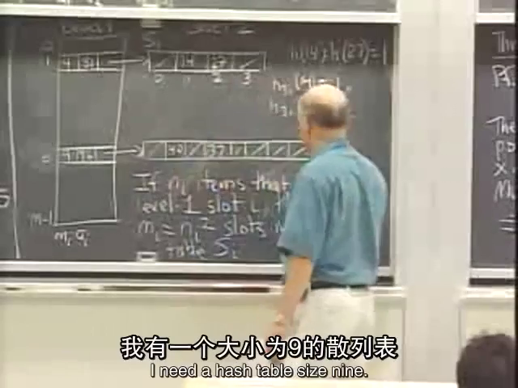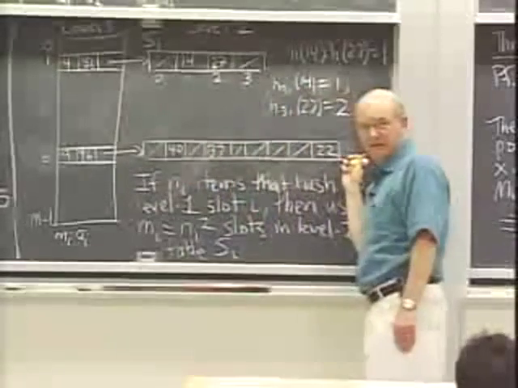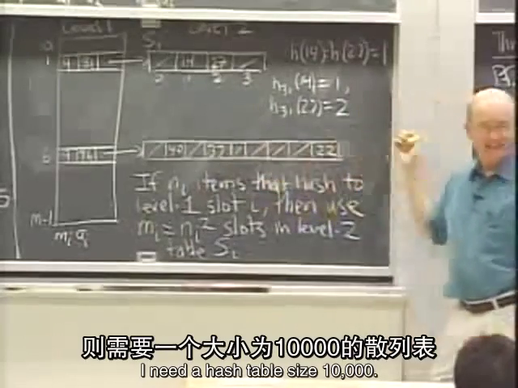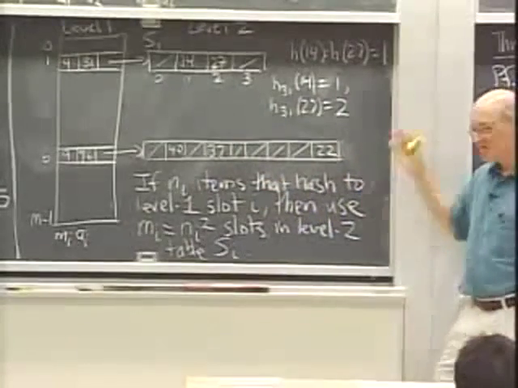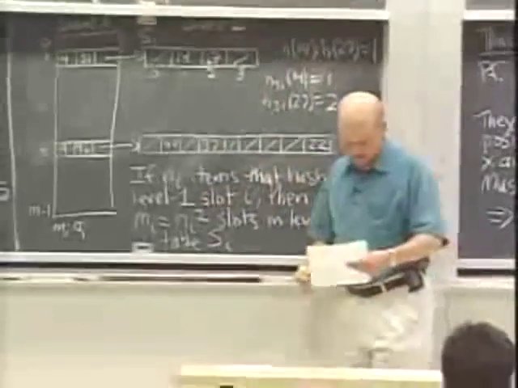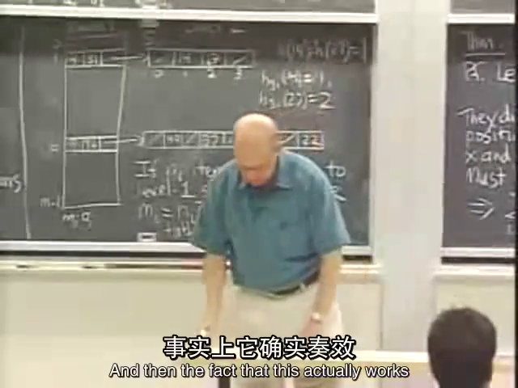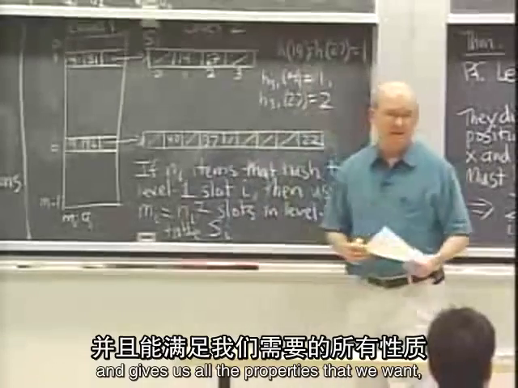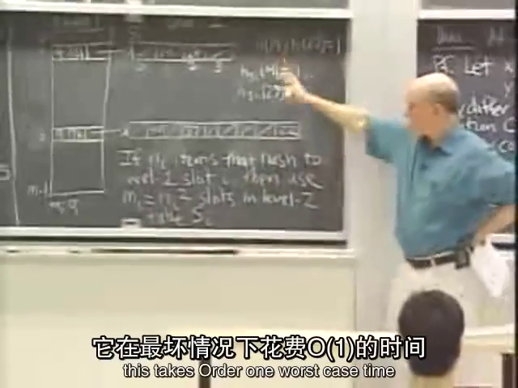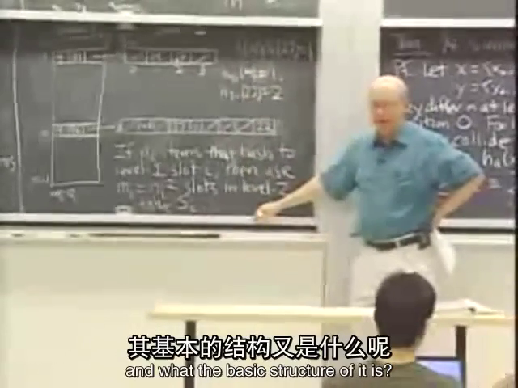Here I have 3 elements, I need a hash table of size 9. If there are 100 elements, I need a hash table of size 10,000. But I'm not going to pick something so it's likely that there's anything of that size. And then the fact that this actually works and gives us all the properties that we want is part of the analysis. So does everybody see that this takes order 1 worst case time and what the basic structure of it is?